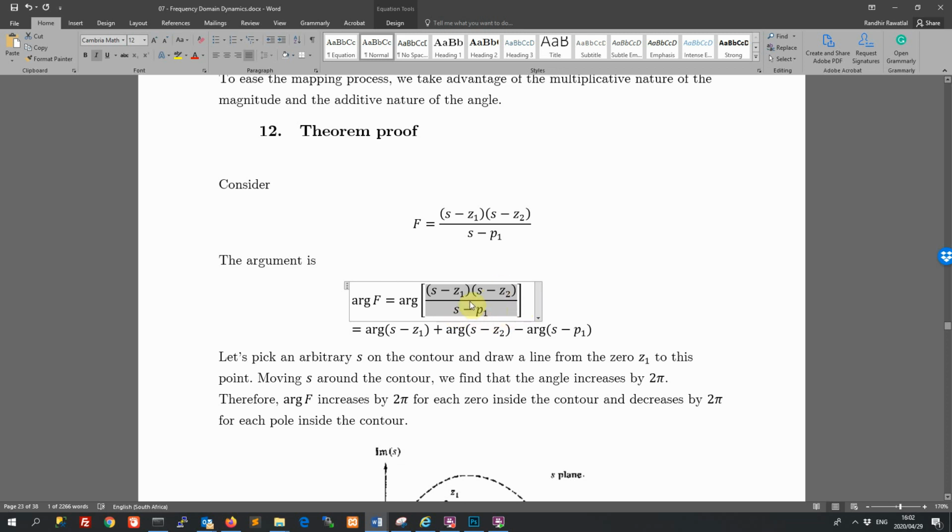So we can say here that the argument of f, the angle of that complex number that comes out of f, is going to be the angle of s minus z1, plus the angle of s minus z2, minus the angle of s minus p1.